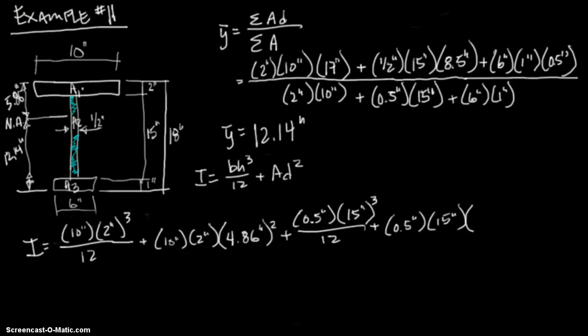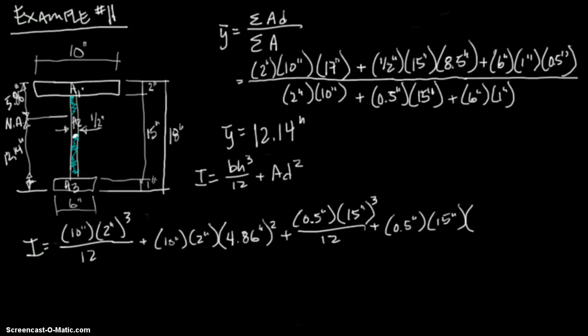So you have to ask yourself, okay, well, where's the neutral axis of that? This beam, or not this beam, but the web part of this section, where is it? It's right in the center. We know that is the centroid. So how far away is it from the neutral axis? So halfway is 15, or half of 15 is 7.5. So we know it's 7.5 from the top, let's say, and then you can, well, actually, let's make it down here. Let's say it's 7.5. Well, you know it's 12.14 from there.